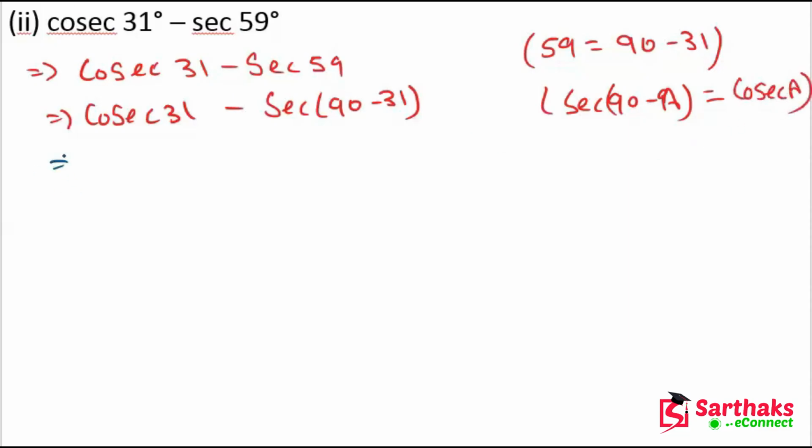So this will become cosec 31 minus cosec 31, and this will be cancelled. We get 0. I hope, my dear friends, you understand this concept. So now let's move on.